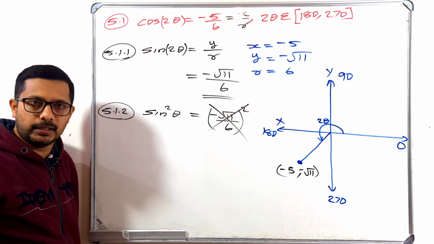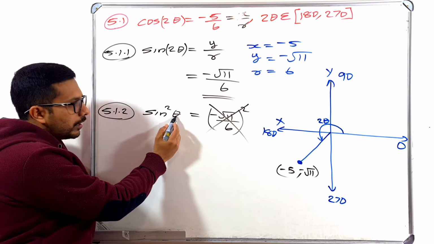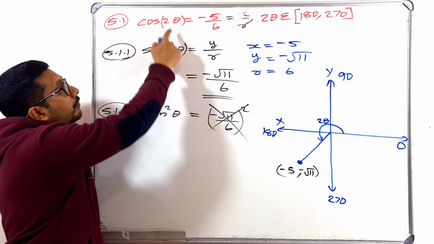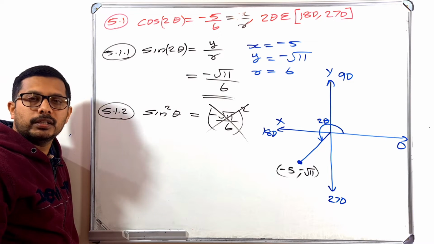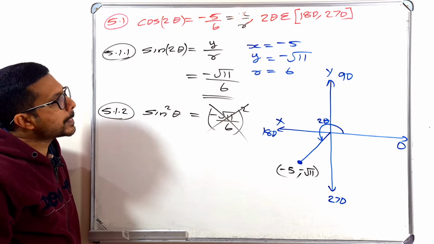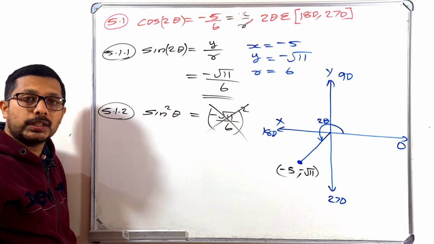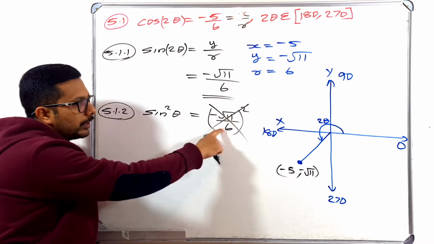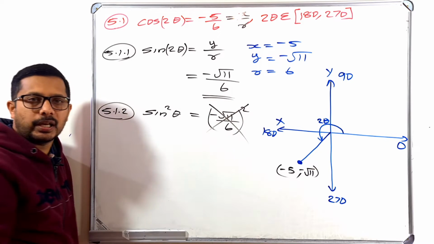Can you say why? Because here, what is the angle? Theta. In the earlier one, the angle was 2 theta, but here the angle is theta. So if you write it like this, the answer is wrong.